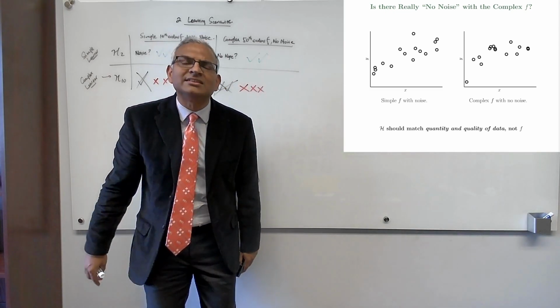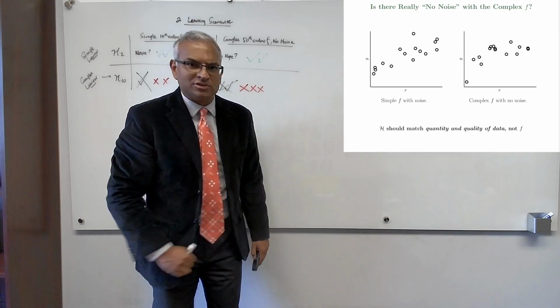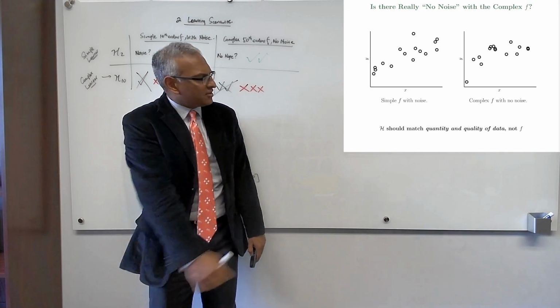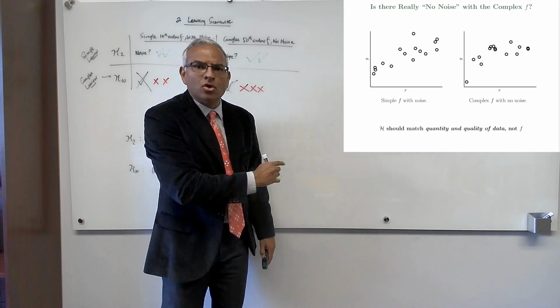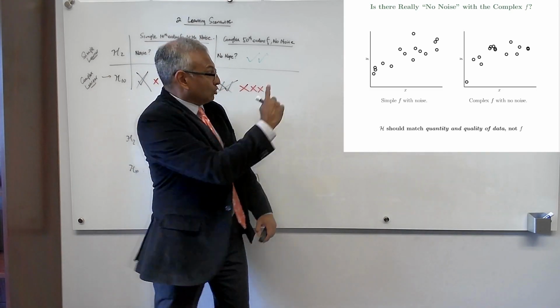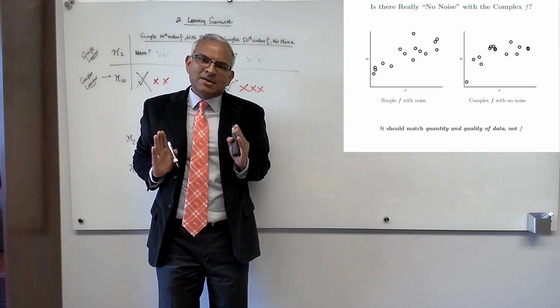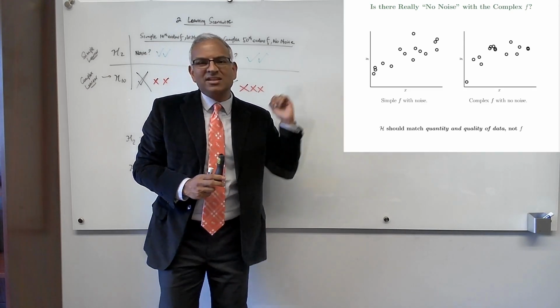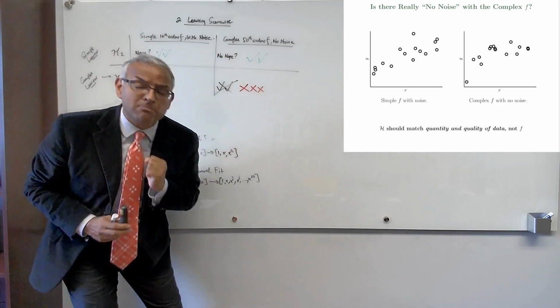Look at the data that you would see when you approach the problem as a machine learner. That's what you would see. And you can't tell whether there's noise or not, and whether the target function is simple with noise or complex with no noise. So actually, both of these learning scenarios, when you look just at the data, are very similar learning scenarios. And as the learner, you cannot tell the difference between the two. So it's actually no surprise that in both cases, it's the same model that wins.